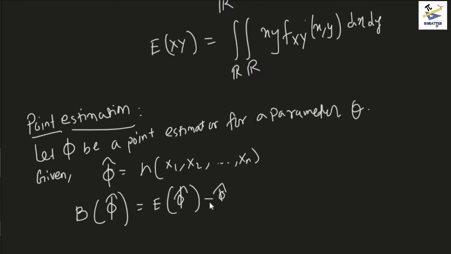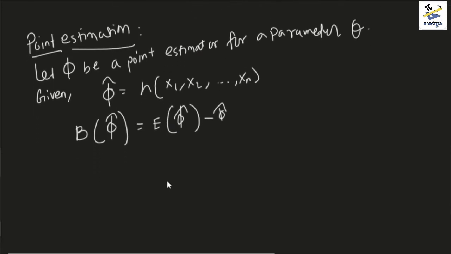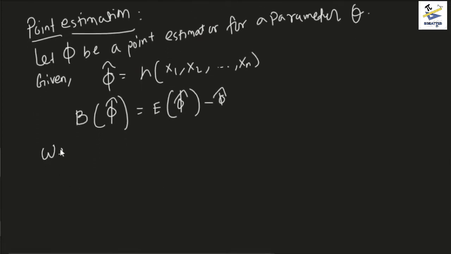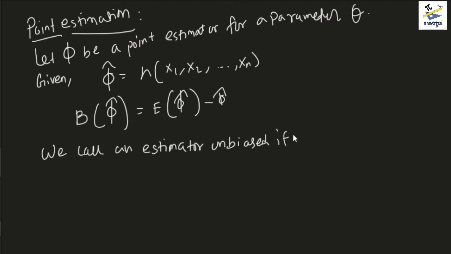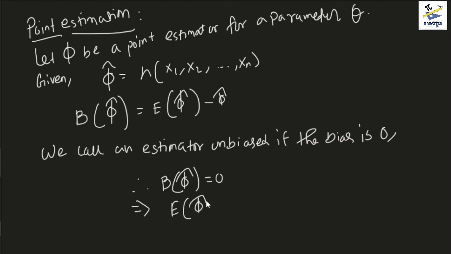You see, so that is how bias is defined, and we call it unbiased if the bias is 0. So if this happens, we call our estimator unbiased, right?